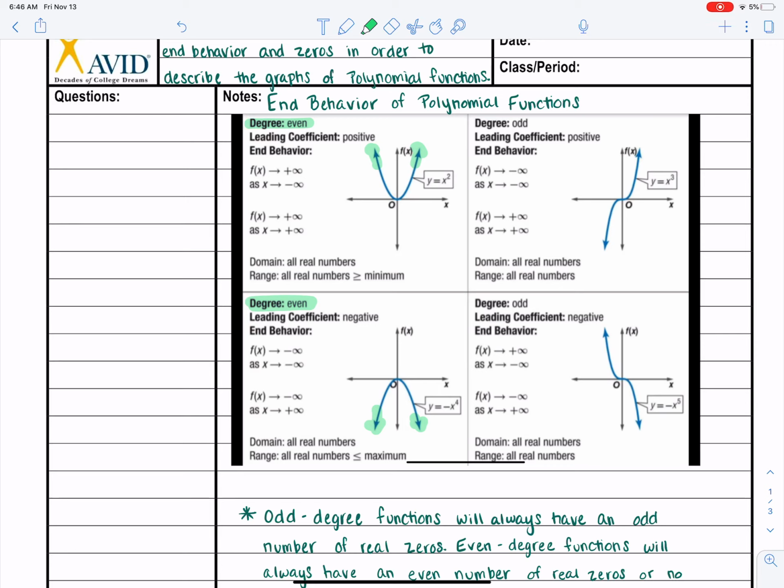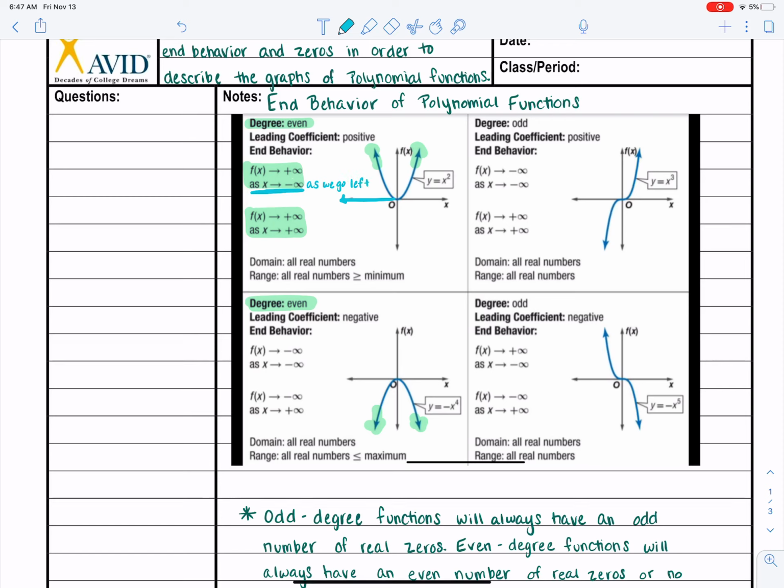And we can say that by describing the end behavior this way. This looks kind of weird, but here's what we're looking at. As x approaches negative infinity, your x's approach negative infinity when your graph goes to the left. So we're just saying as we go left.